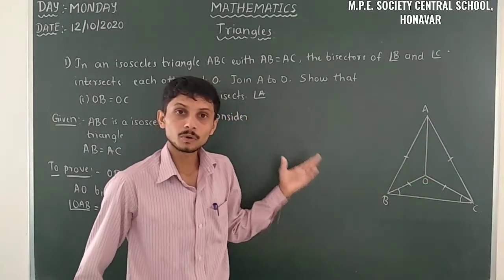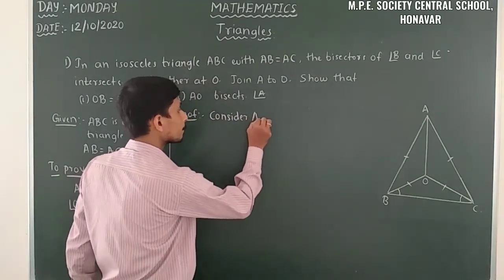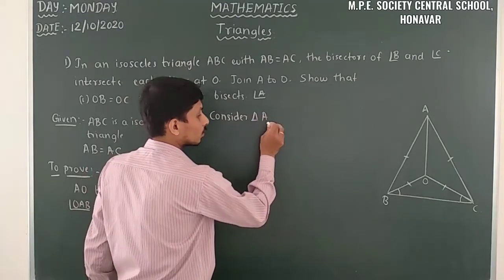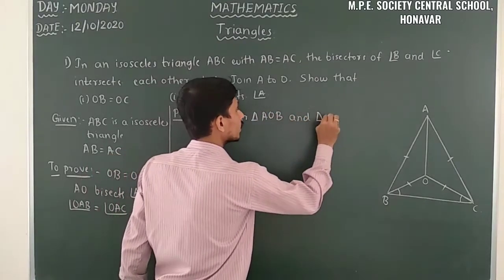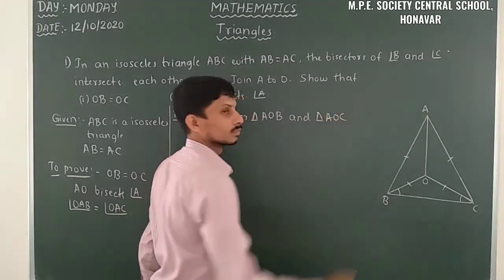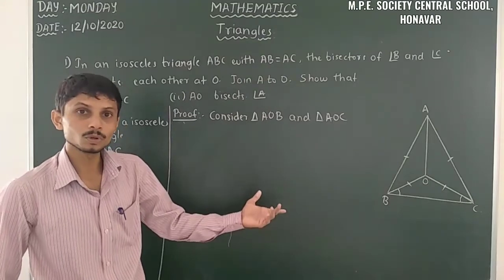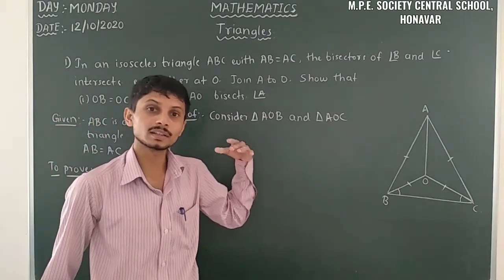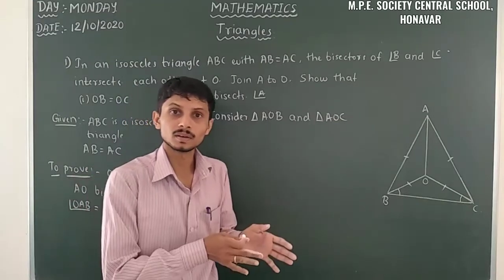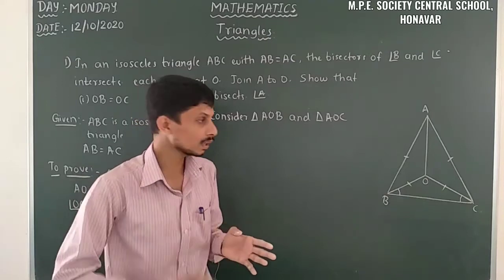So for that we have to consider those two triangles, triangle AOB and triangle AOC. After that we have to prove which corresponding sides are equal. Then, based on the congruence rule, we can take all the corresponding parts are equal.